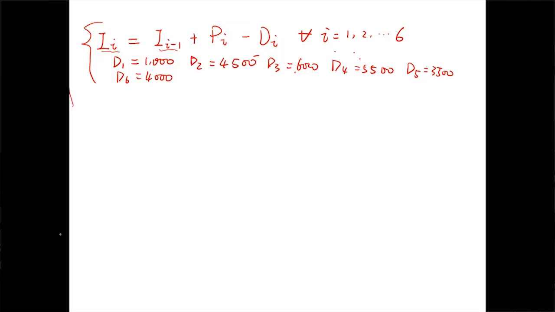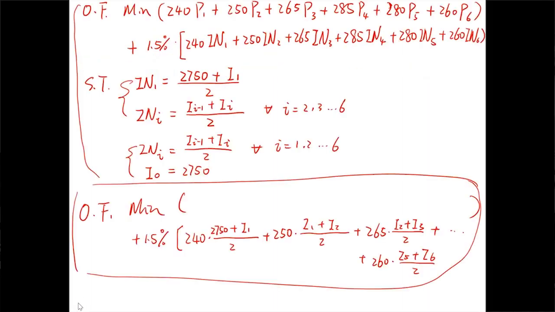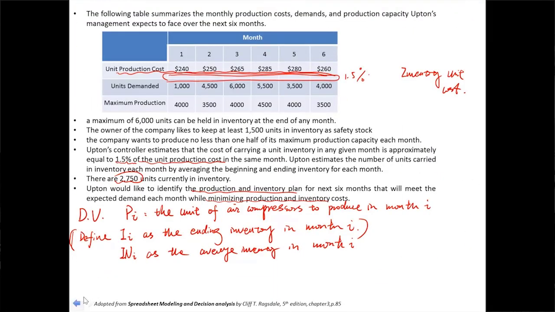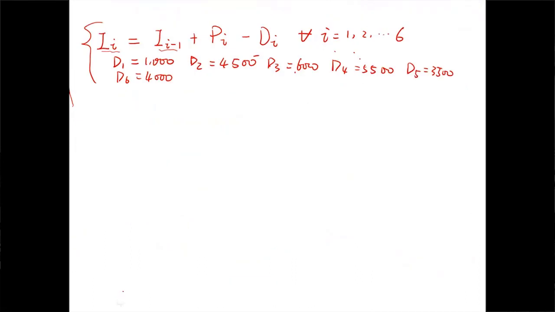Now with those relationships defined, then we can go back to look at those other constraints. So we did use the unit cost, unit demanded, then the maximum production. So that's the capacity. That means the P's need to be less than or equal to those ones. You cannot produce more than the capacity of that month. Okay, so this is the second one. Third constraint, another big group.